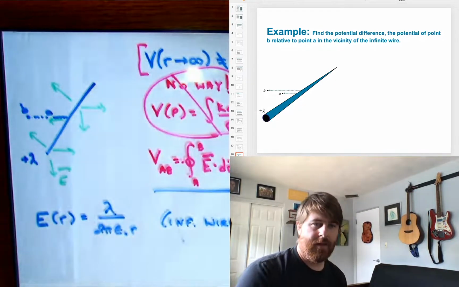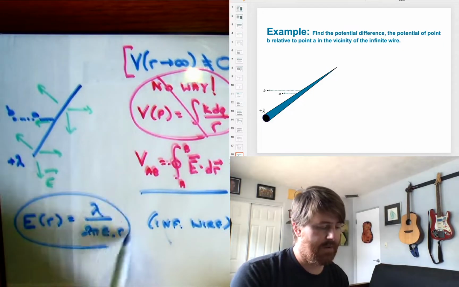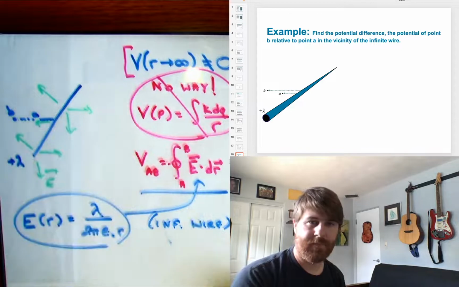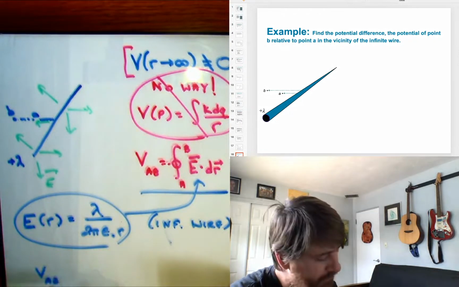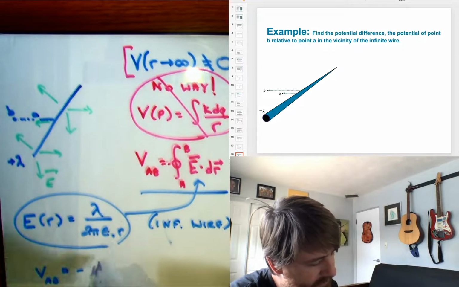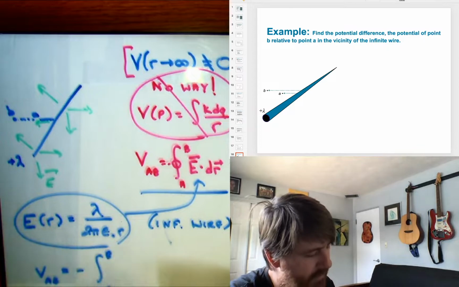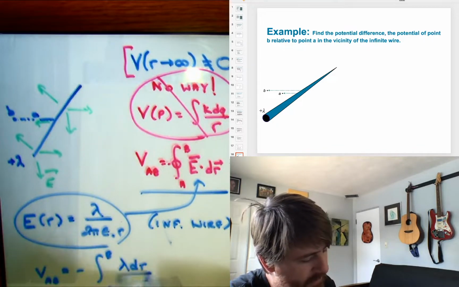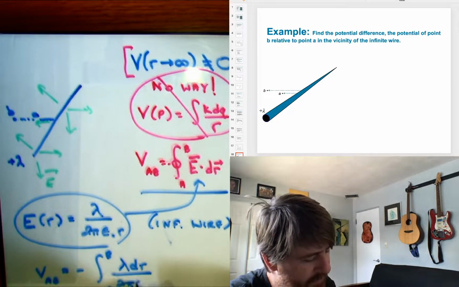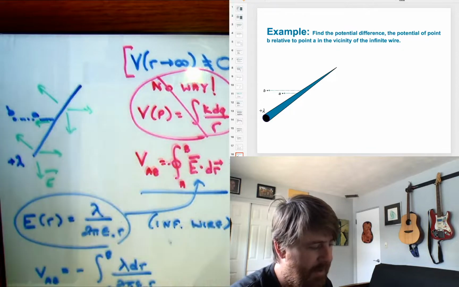Okay, so we need to plug that into our integral here, and when I do that, I get VAB is minus the integral from A to B of lambda dr over 2 pi epsilon naught R. What happened to the dot product?